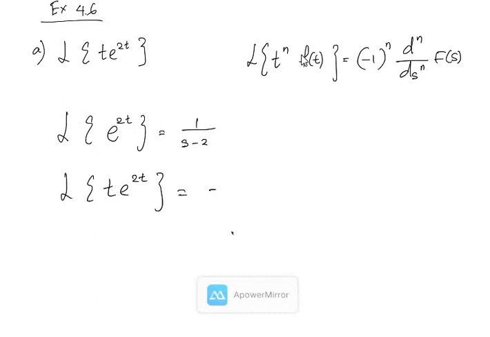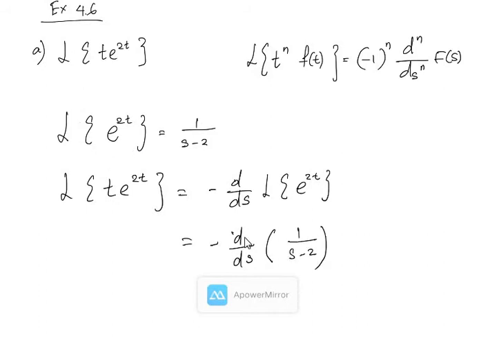So you have negative 1 d over ds of the Laplace transform of e^t. Just now we already found the Laplace transform of e^t. You get 1 over s minus 2. So you substitute.